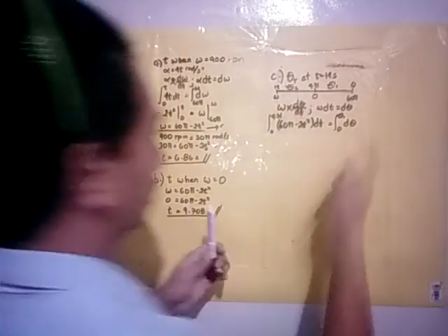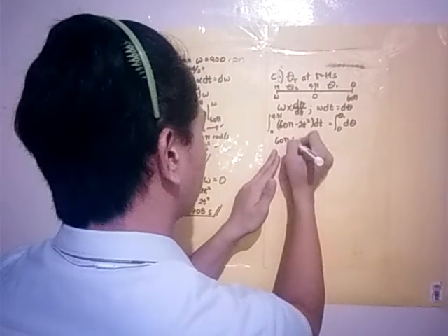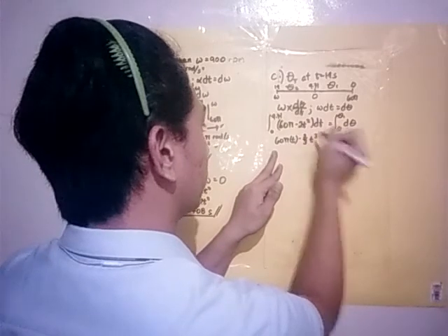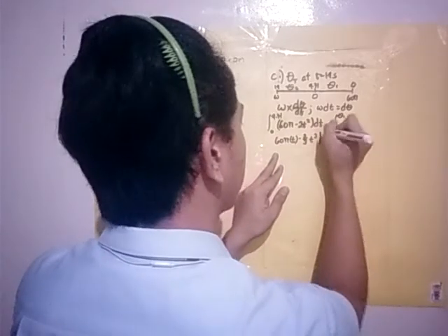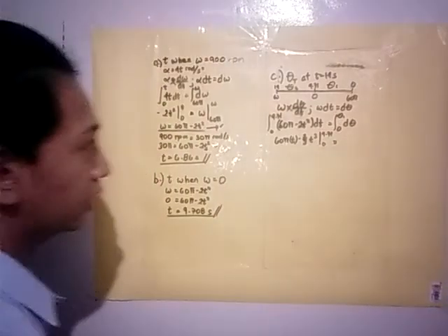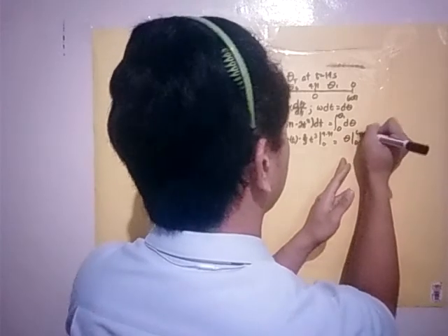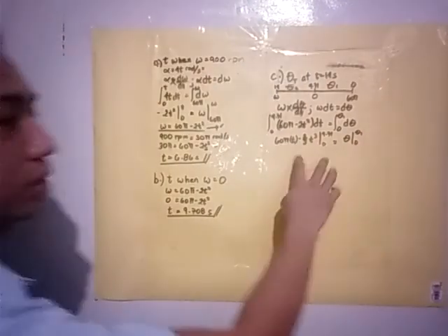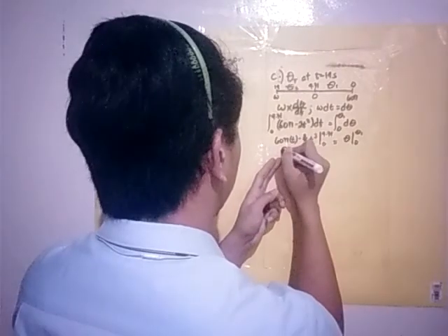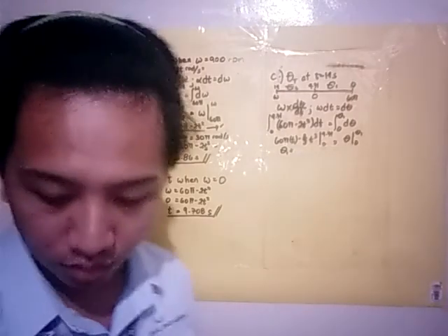Integrating both sides, we will get 65t minus 2/3 t cubed with limits 0 to 9.71. The integration of d theta is simply theta with limits from 0 to theta 1. Substituting the limits, upper limit minus lower limit, our theta 1 is equal to, I need a calculator.